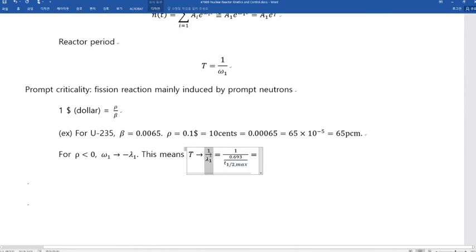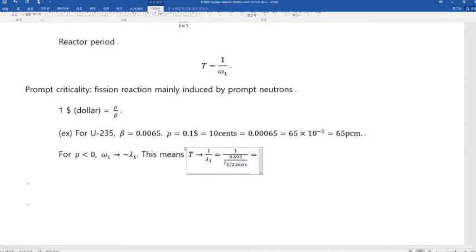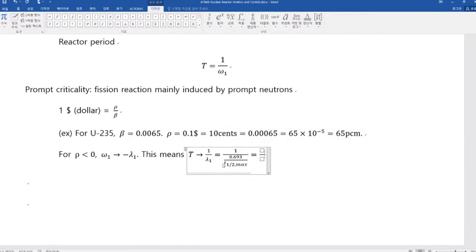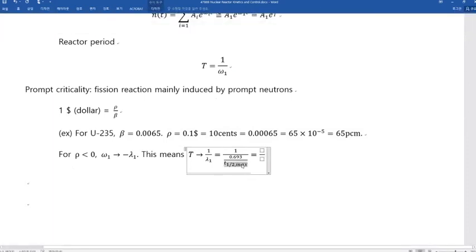So 1 over lambda is the maximum half-life divided by 0.693. And now we may recognize that there is some typo in our textbook.